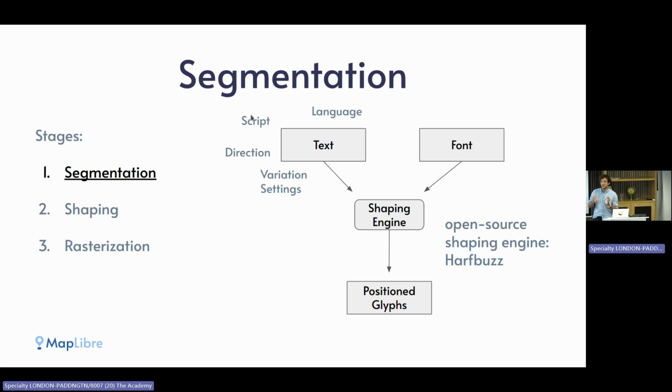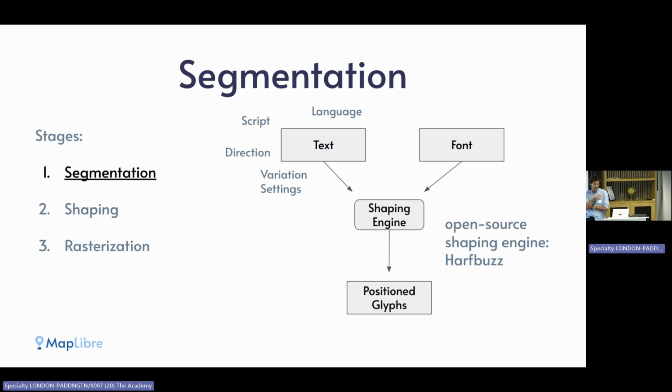So before you send your text to the shaping engine, you have to segment it. If you have text which has Latin and Arabic, you have to cut it in pieces, and first shape the Latin, then the Arabic, and then the Latin again, because all these settings have to be constant. That's something you have to do.